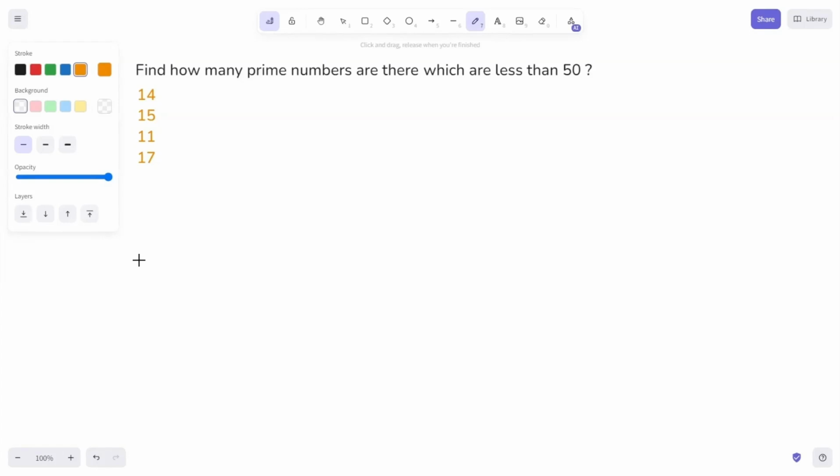So our question is, find how many prime numbers are there which are less than 50. It is basically asking how many prime numbers are in the range between 1 to 50. Okay, so let's find it out.